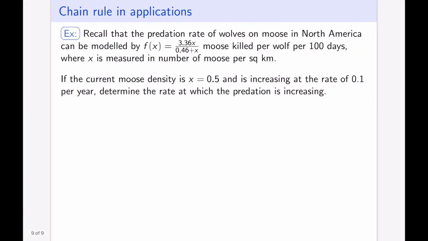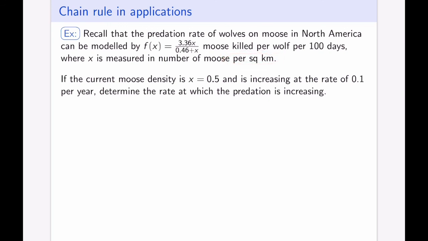Let's take a look at one more example here in terms of applications. So we've seen this function before. The predation rate of wolves on moose in North America can be modeled by this function f, which is measured in moose killed per wolf per 100 days. And x itself is measured in the density of moose per square kilometer, so number of moose per square kilometer.